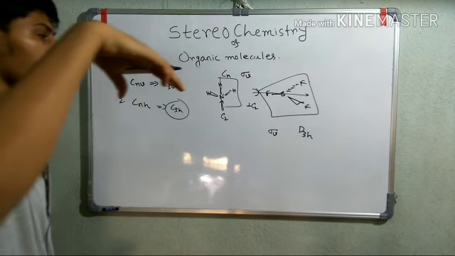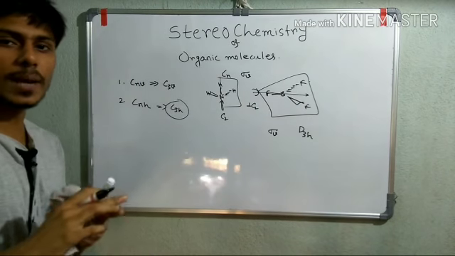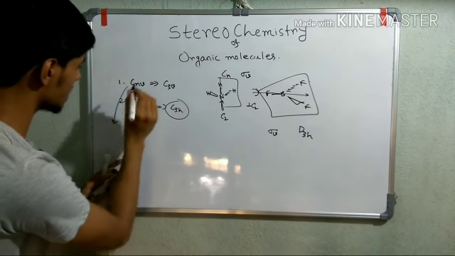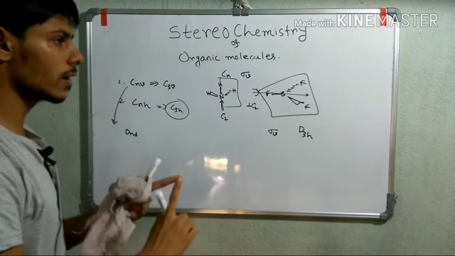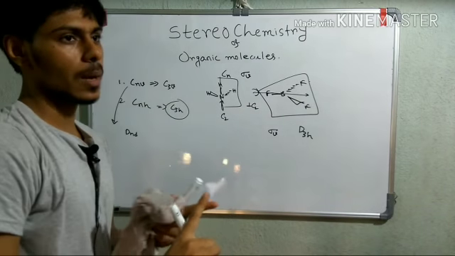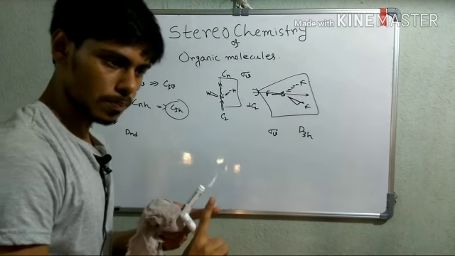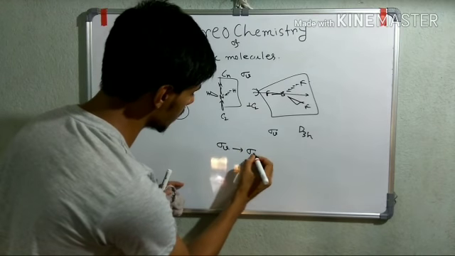Now let's say in a case where you have a C2 axis but you don't have sigma h, then what will happen? Your point group will change from Cnv to Dnd. So whenever you have a sigma plane but you also have a perpendicular C2 axis, then that sigma v is called sigma d.